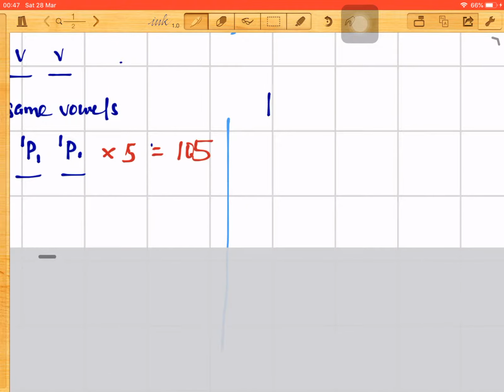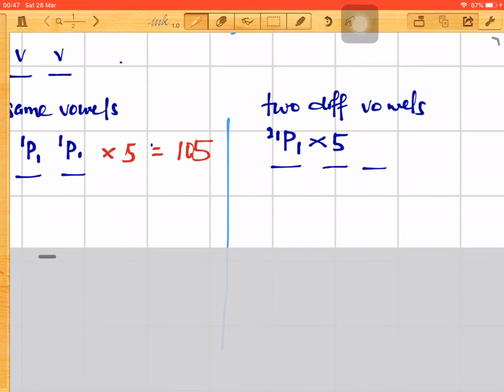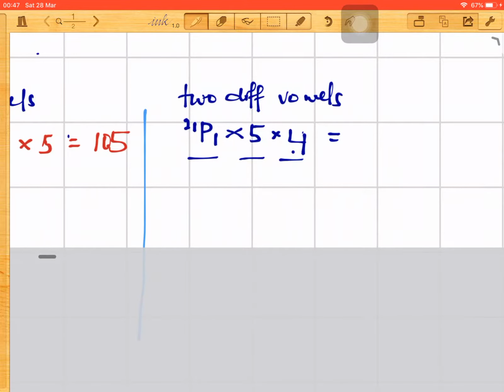If the case were two different vowels, like I say, this is even easier because you just have to do 21P1. After that you have 5 vowels to choose from, and then you have 4 vowels to choose from. It gives you the answer 420.